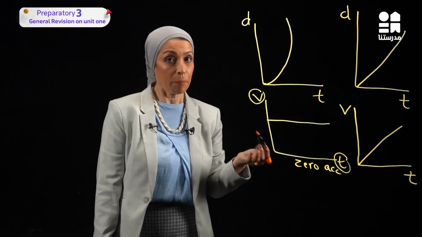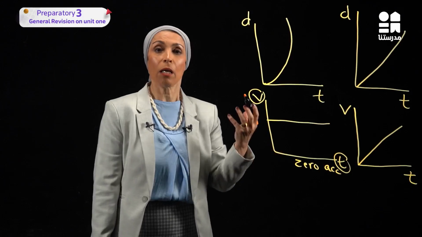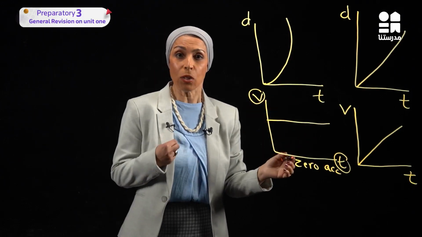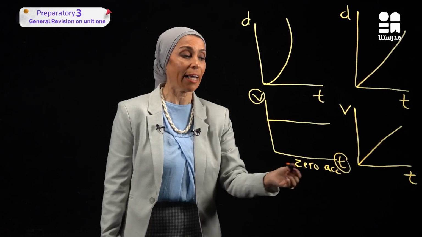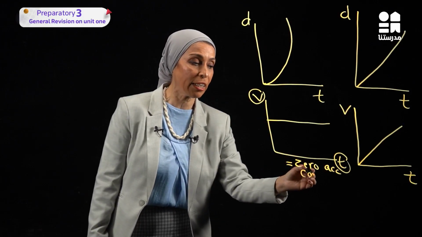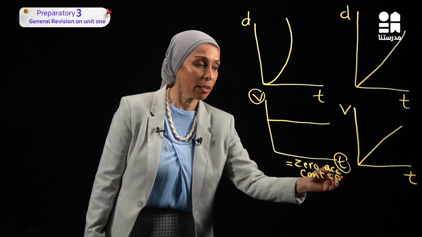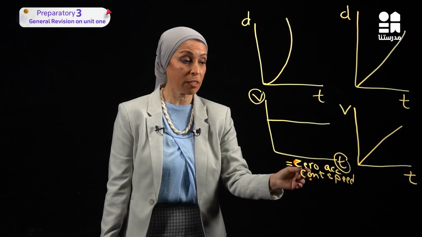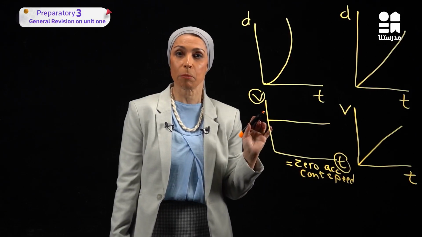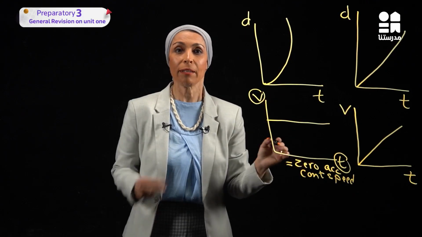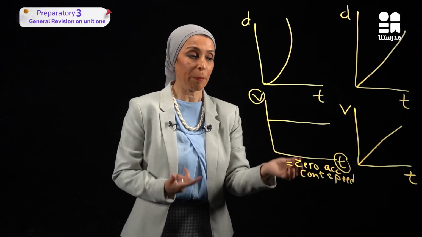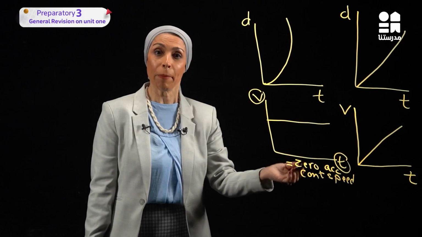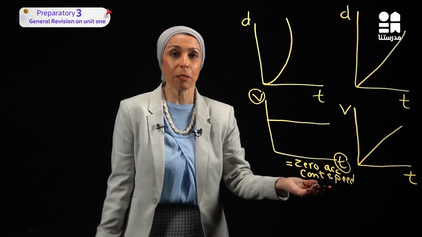Here he wants me to draw constant speed using speed and time. I know that constant speed equals zero acceleration. If I draw this shape, is it constant speed? Yes, of course it's constant speed. So this graph is a 2-in-1 graph: it can represent zero acceleration or a body moving with constant speed, not changing its speed at all.